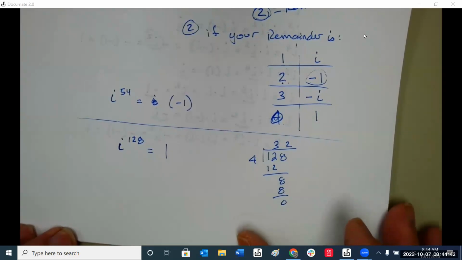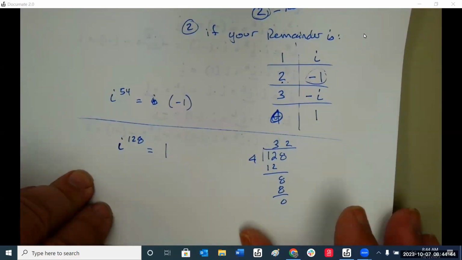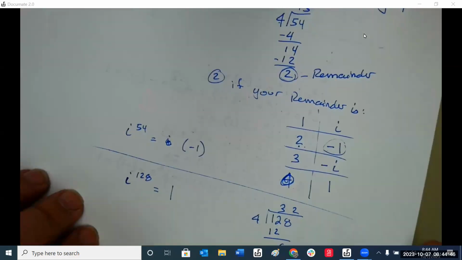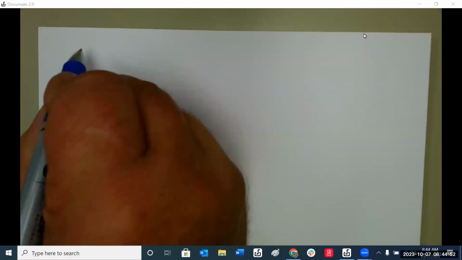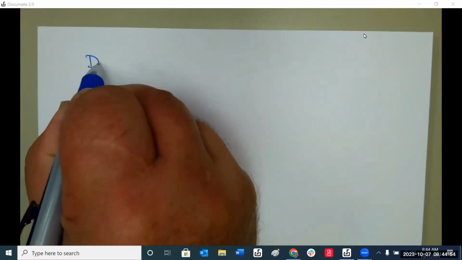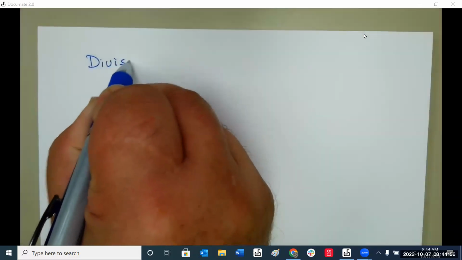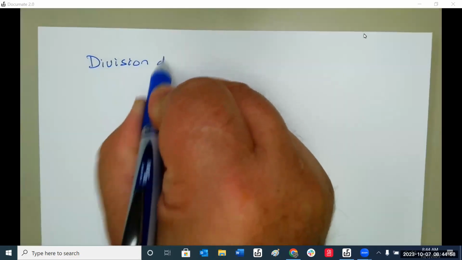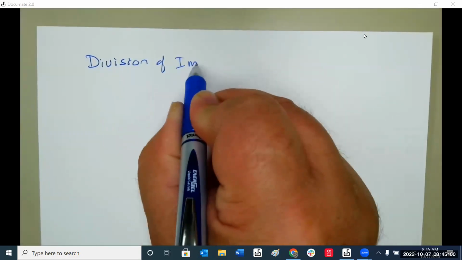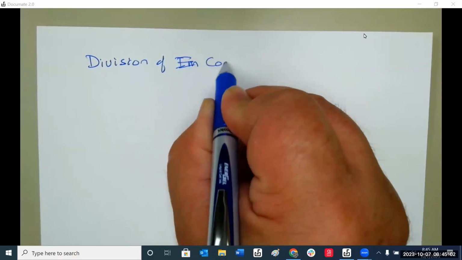So that's multiplication, addition, subtraction. Now the rules change. We're doing division now. Division of our complex numbers.